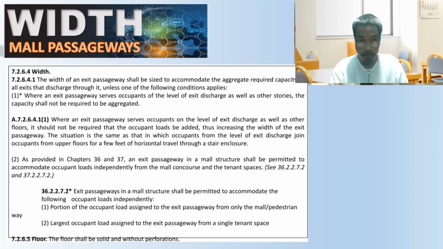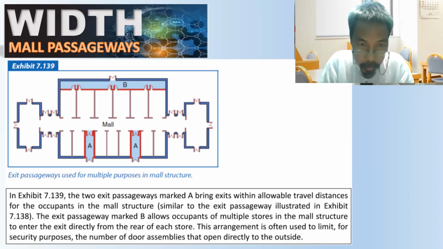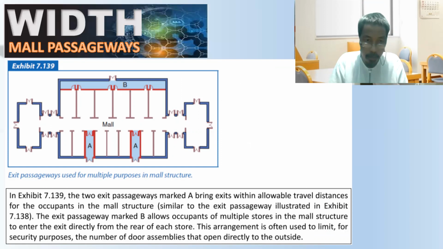So this means, for example, as shown in the picture on your screen, we have an exit passageway used for multiple purposes in a mall structure. Just take a look at the picture. We have part A, 1, 2, and B at the back. So we have a mall structure.